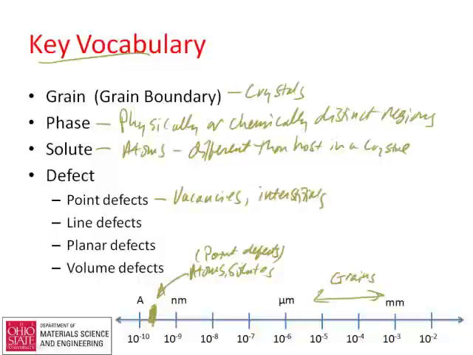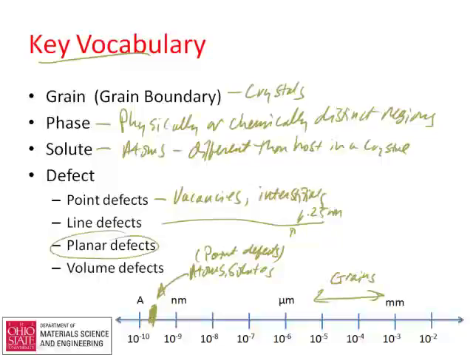And line defects can be kind of skinny in one dimension, long in the other. So again, we're talking about something like 0.25 nanometers one way. That can be very long the other way. In this course, we will not talk very much about line defects at all. They're remarkably important when we talk about the mechanical properties of materials, but we won't really talk about them.